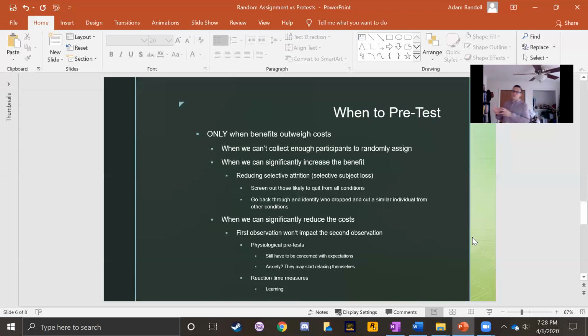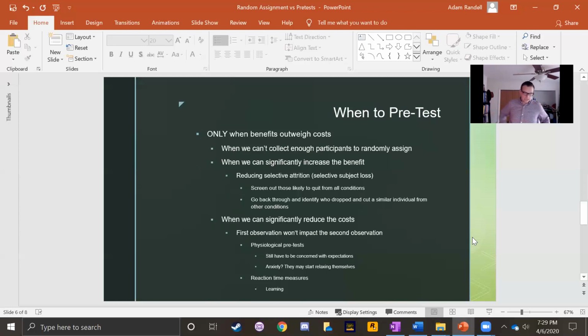And so the argument for using pre-testing becomes stronger. Sometimes we can also significantly reduce the cost. Conversational norms are a problem certainly with survey research, but other measures don't necessarily have conversational norms to worry about. So for example, physiological measures, reaction time measures, but pre-tests in these can also potentially influence the subsequent measures.